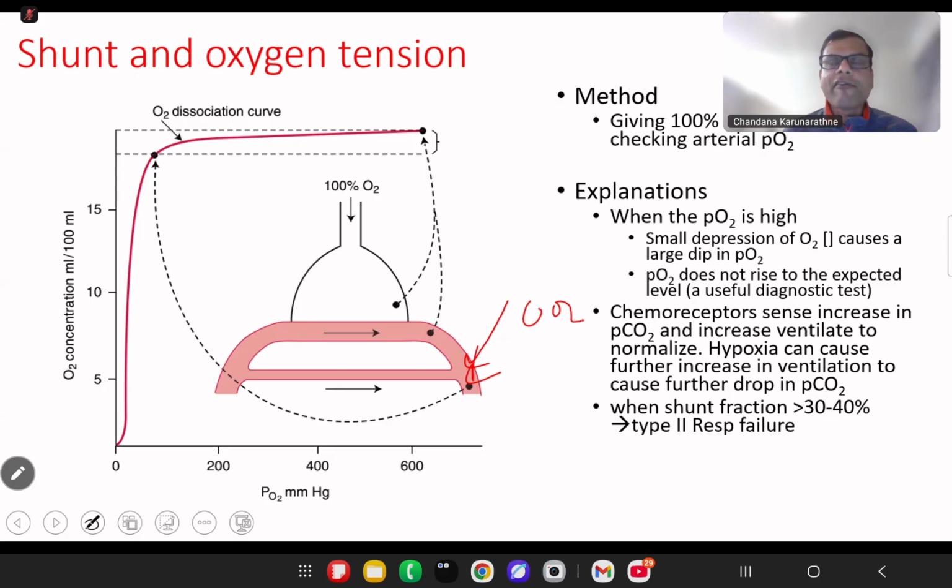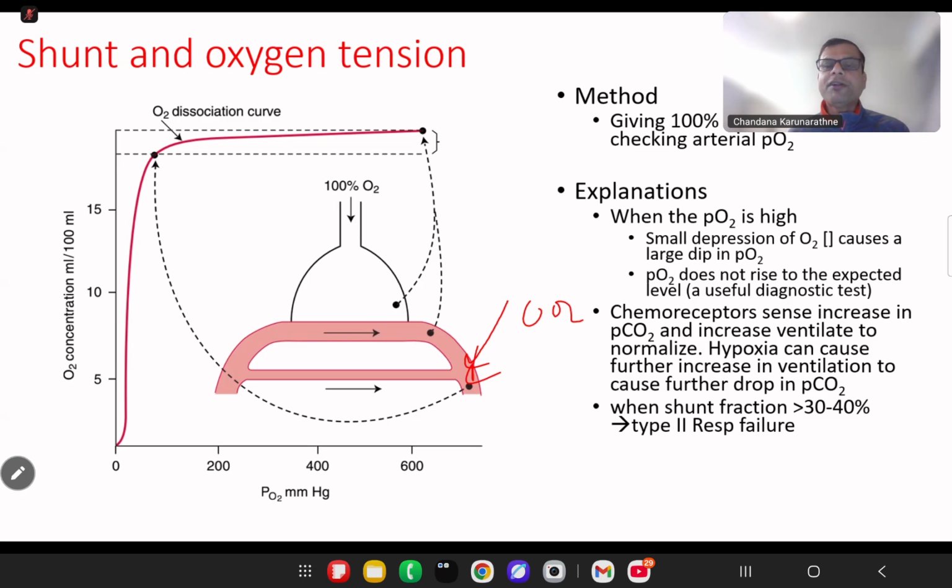Okay. If you look at the solubility coefficient, oxygen is 0.003. Carbon dioxide is roughly 22 times more soluble, but we say 20 times just to remember it easily. So carbon dioxide is easy.